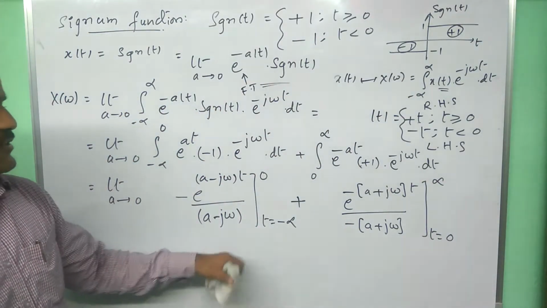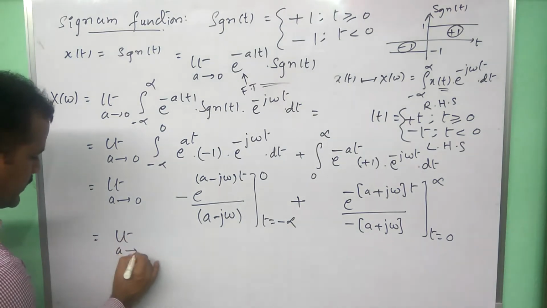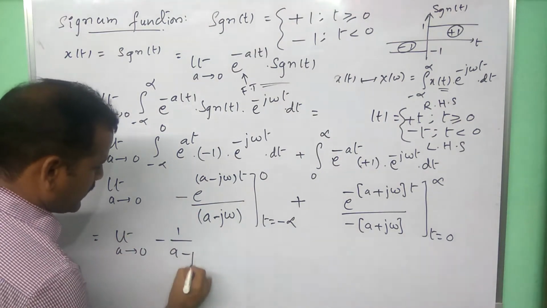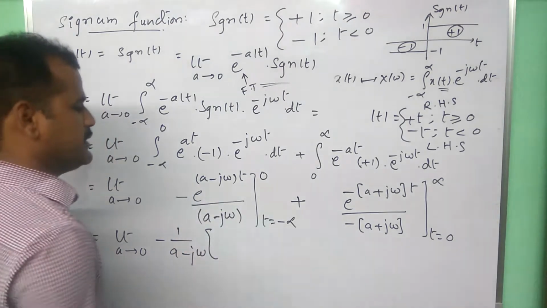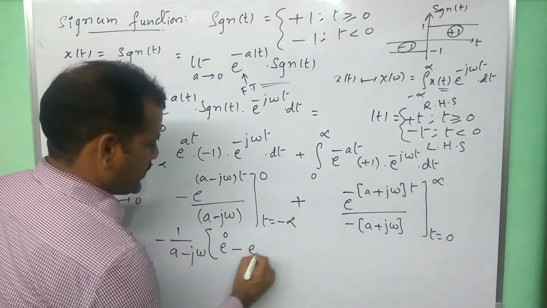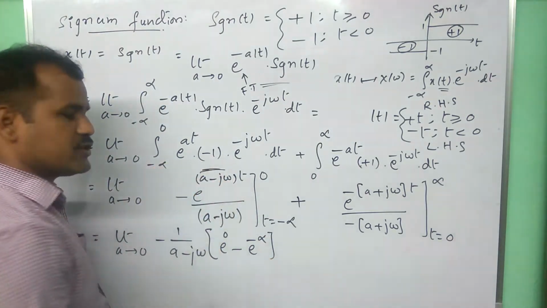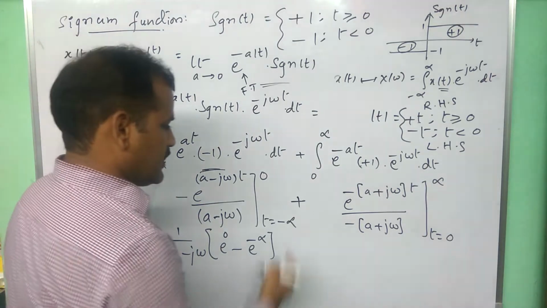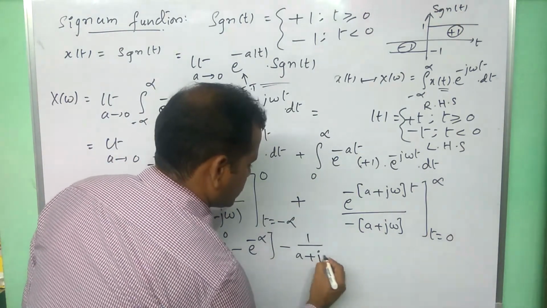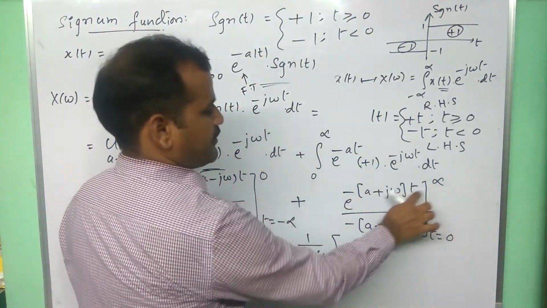In the next step, let us substitute the limits. Limit a tending to 0, here minus 1 by (a minus j omega) and e power 0. This is minus of e to the power of minus infinity. We know that this is a positive quantity. Next term, minus 1 by (a plus j omega) and e to the power of t value infinity.